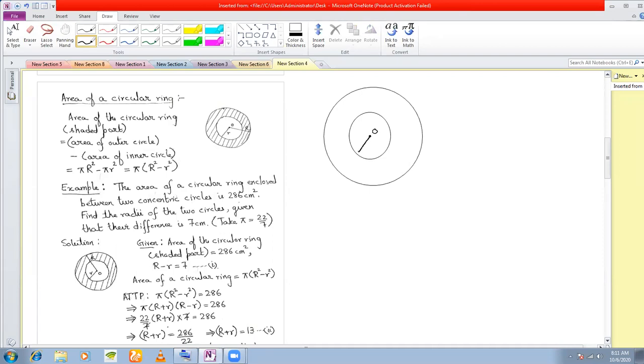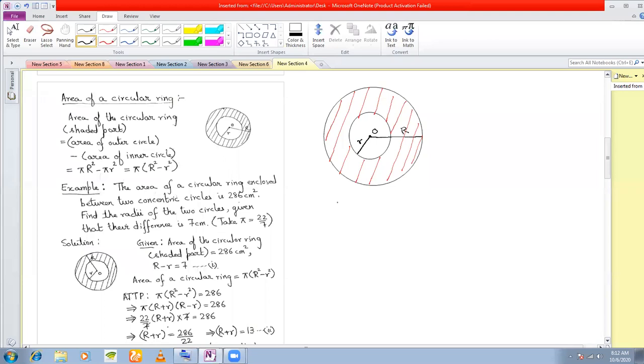The circle that is inside, say, has a radius small r, and the circle that is outside has a radius, say, capital R. In such a case, the area of this circular ring is this shaded part. And what is the area of the circular ring, this shaded part?